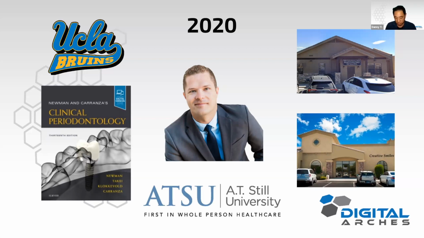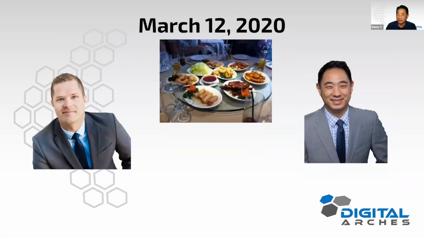And it was the day, I think, if you all remember, it was March 11th, the day that the NBA canceled all their games. And the very next day, I flew out to Phoenix to do an in-sequence case basically, and then I had dinner with Dr. Crockett Russell.